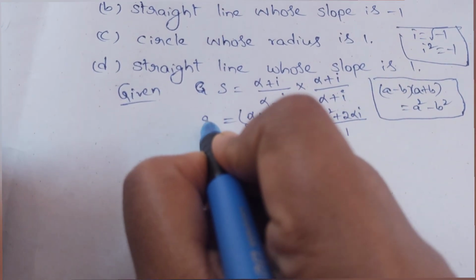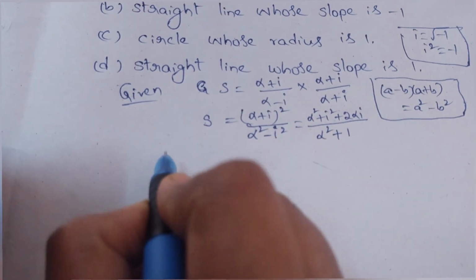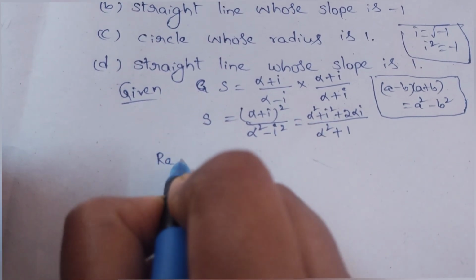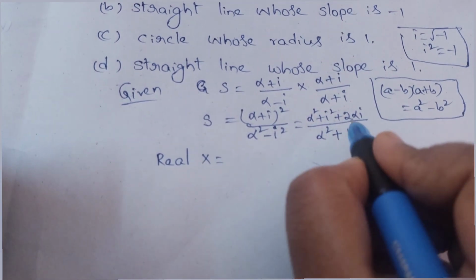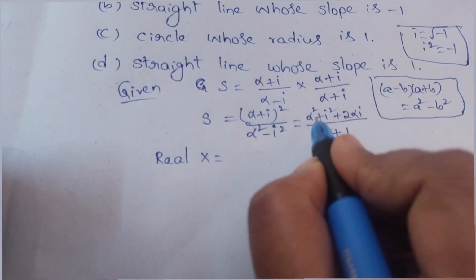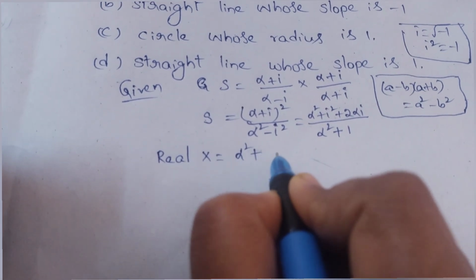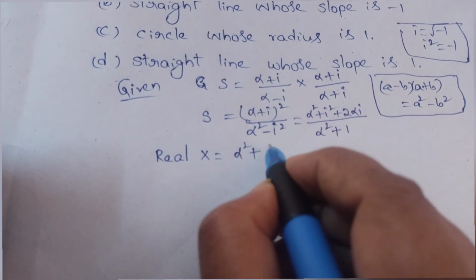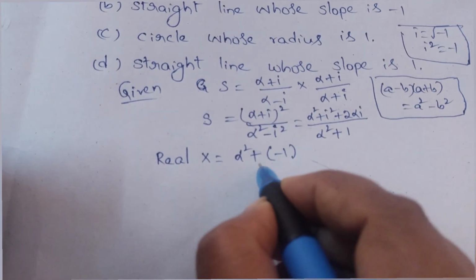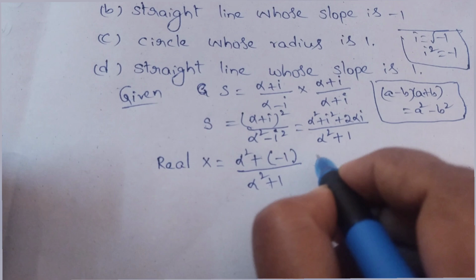It is the S value. Now separate the real and imaginary parts. What is the real part? Real is x equals, here the real part in the numerator is alpha square plus, sorry, it is i square, which is minus 1. So x equals alpha square minus 1 divided by the denominator alpha square plus 1.